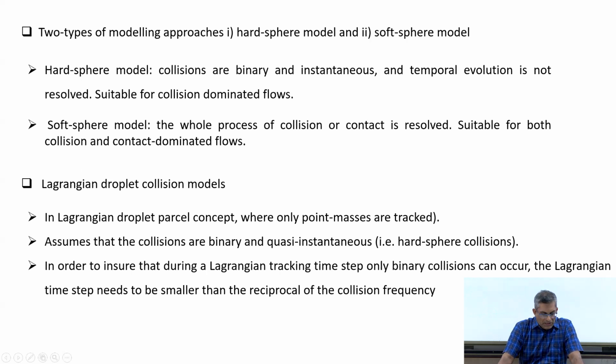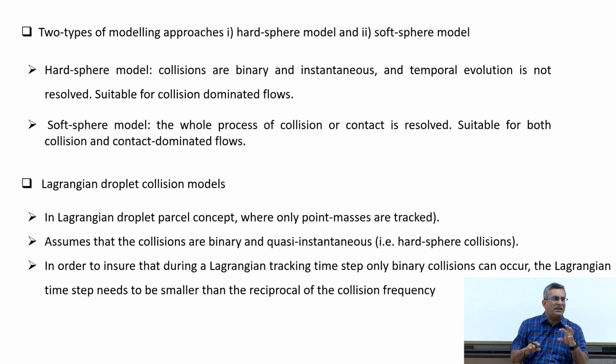Okay. So, mainly we will confine our discussion to the hard sphere model. In the Lagrangian droplet parcel concept, we have only point masses which are tracked. We have already discussed this, so I am not going into detail again. There are two ways in the Lagrangian tracking itself.